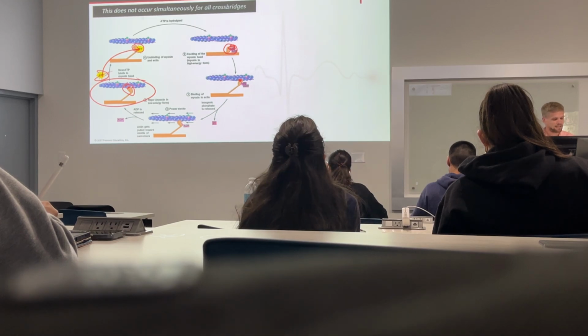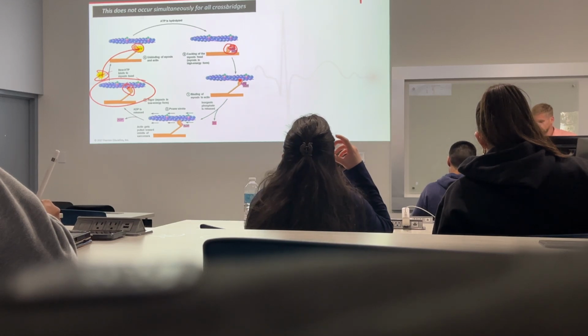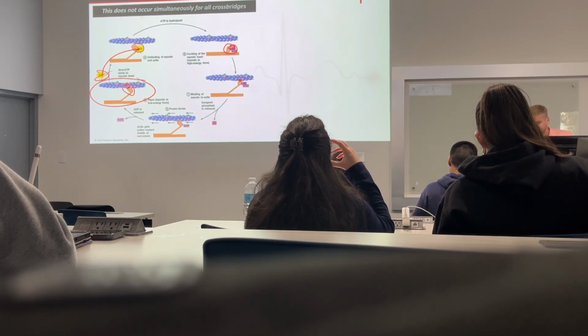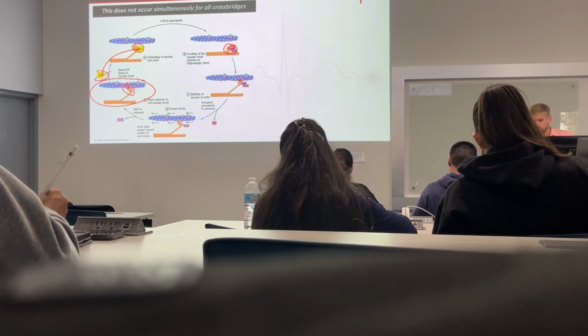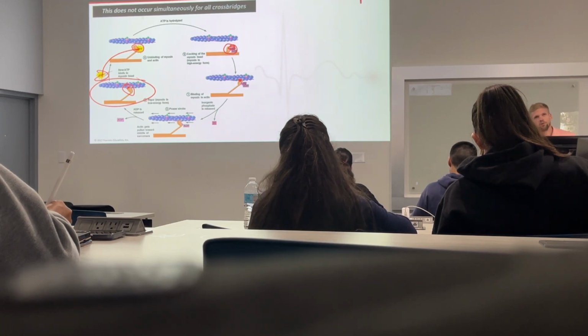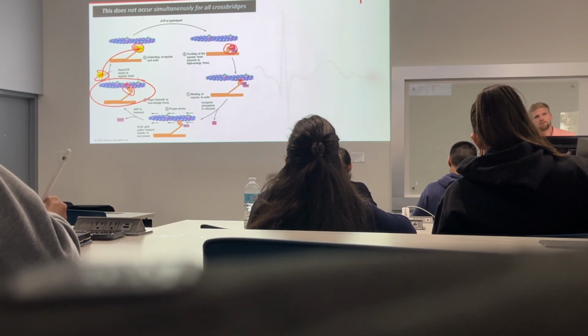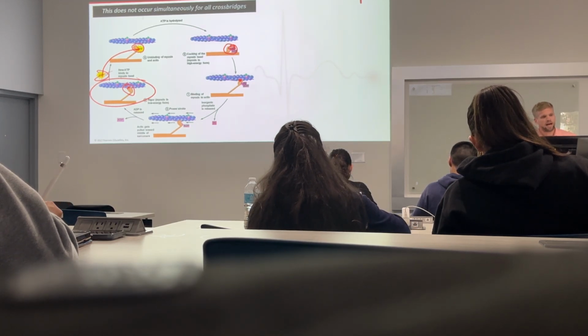That's a little more of an advanced conversation. We can come back to that in a moment. So, anyways, the myosin head moves upwards and grabs on to usually a new globular actin.